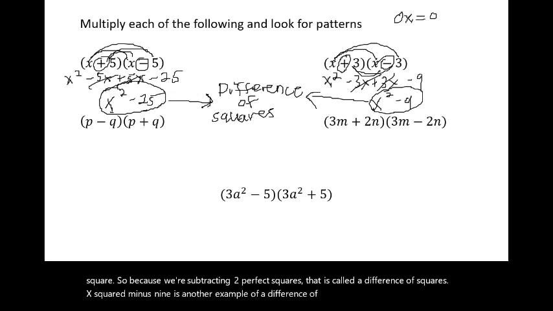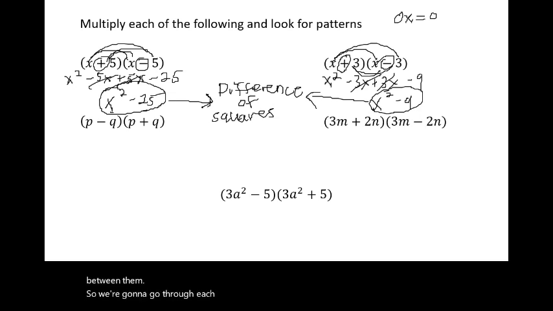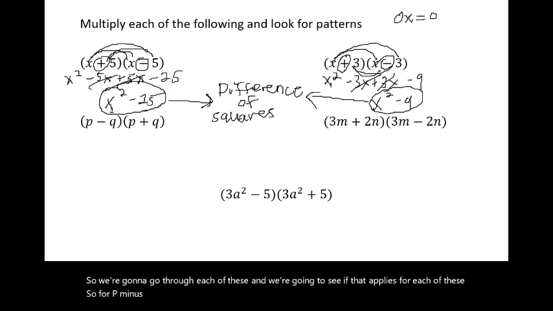And differences of squares happen when you have multiplied two polynomials that are almost identical except for the sign between them. So we're going to go through each of these and we're going to see if that applies for each of these. So for p minus q times p plus q, these two parentheses are almost the exact same except for the sign in the middle.